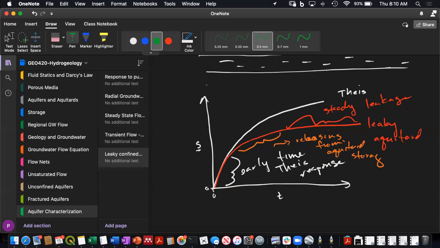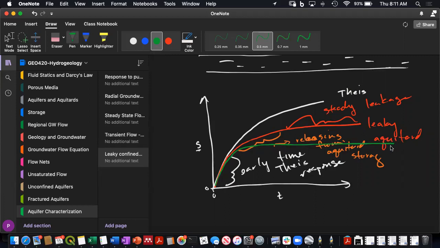Then we can get curves that have this early Theis response and then just flatten right out. Instead of this orange zone, we go straight into the steady state leakage.